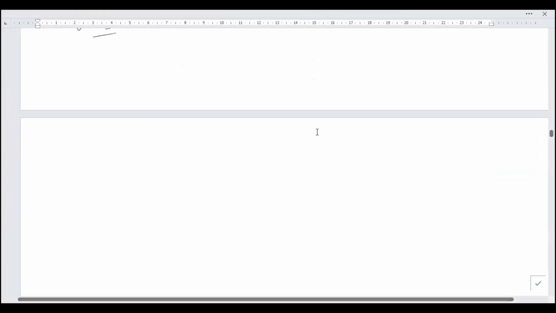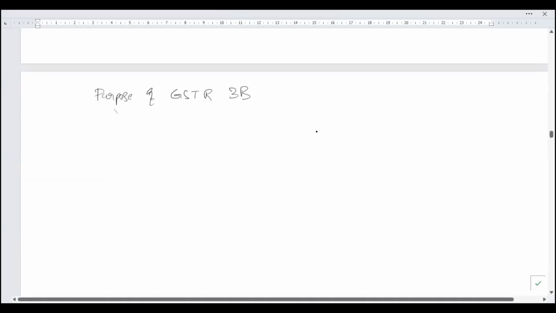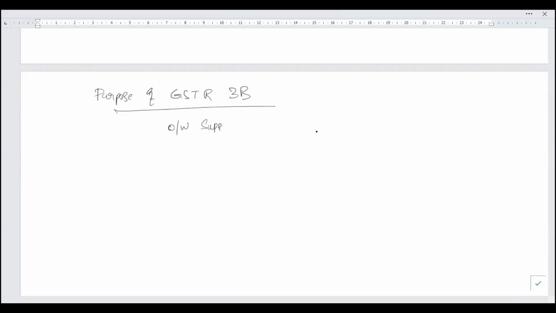Now, the broader view of GSTR-3B, the purpose of GSTR-3B. The government wants to know what your outward supply is and what your inward supply is.